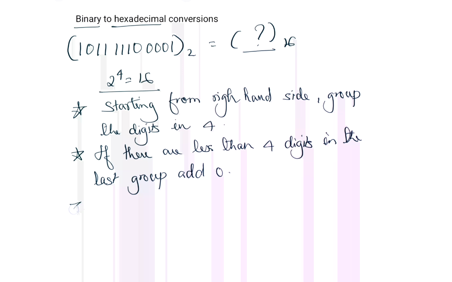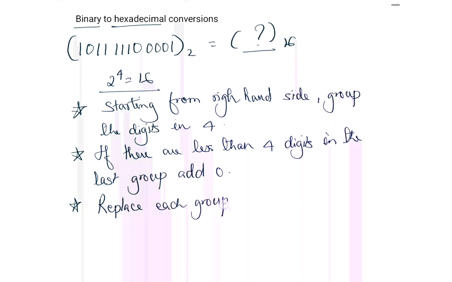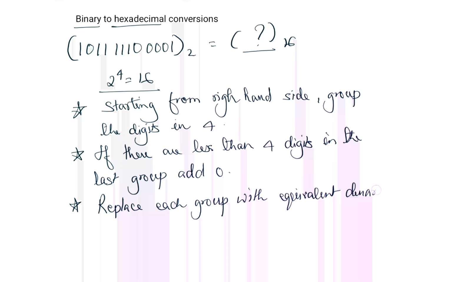What is the next rule? Replace each group with equivalent denary number.